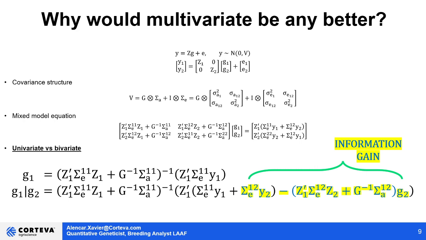And on the very last line, what I depicted is, conditional on the secondary trait, how we would be computing G1. What I highlighted in yellow in this slide is objectively the information gain we get by modeling G1 conditional on G2. So even though it seems to be a straightforward solution, by simply adding more traits, there's a whole chunk of the equation that is added when we are conditioning traits or fitting them jointly.